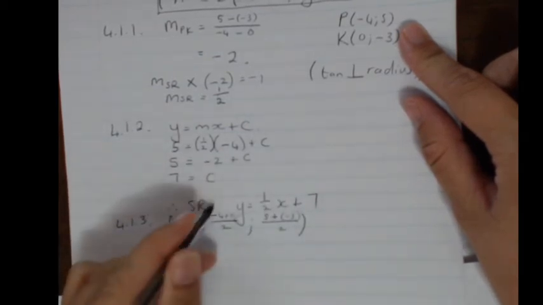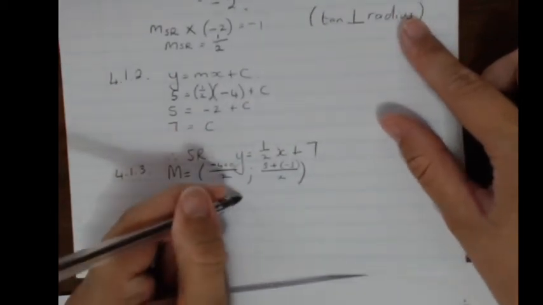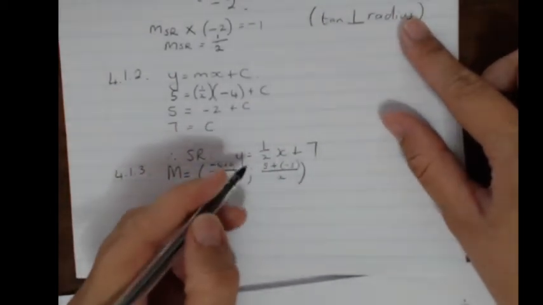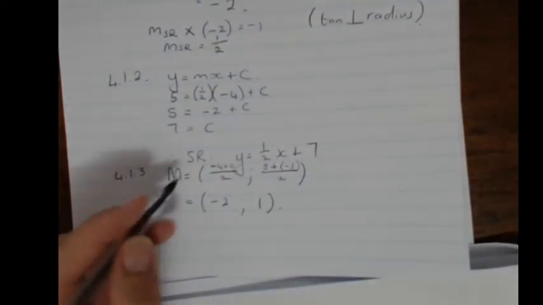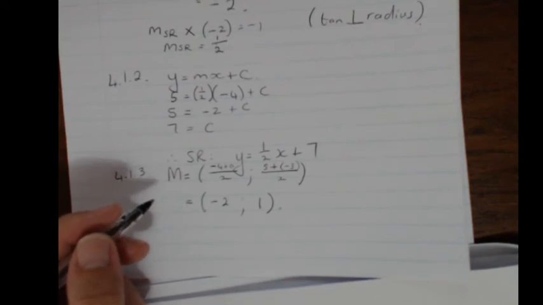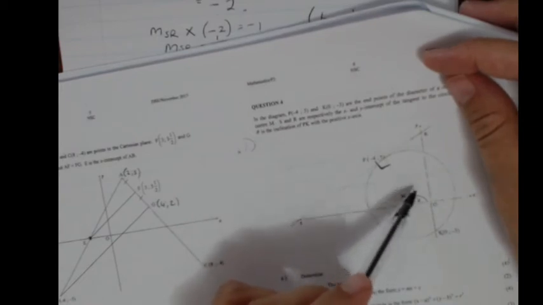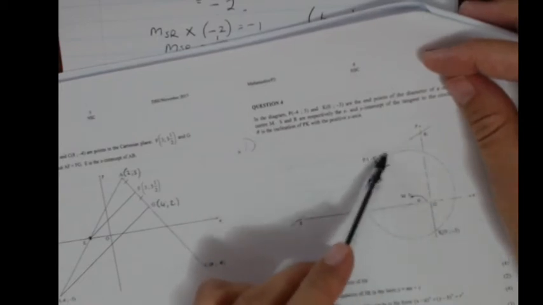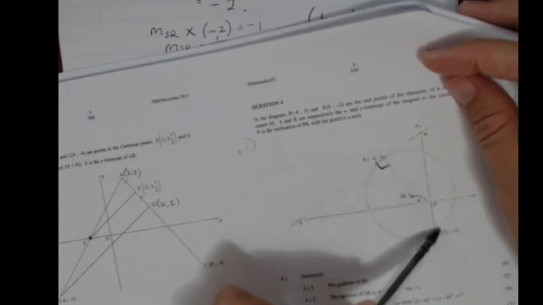And then this, you can use your calculator or your brain, is going to be -2, and 2 over 2 is 1. Okay, so that's the coordinates of the midpoint, and then you must get the length of the radius. So I have the coordinates of the midpoint. I can just use that and P with the distance formula, but since I might have made a mistake there, it's actually more safe to use that and then half it.